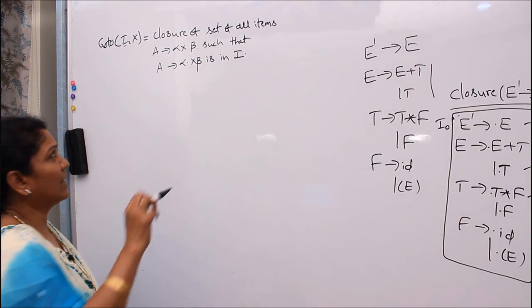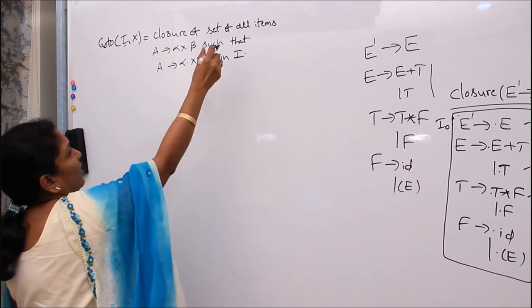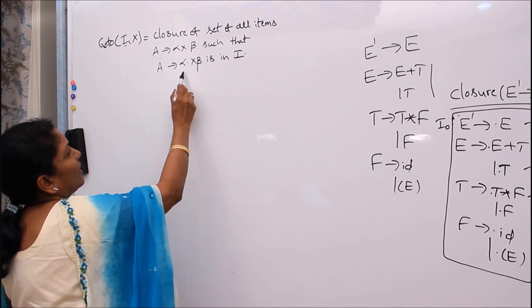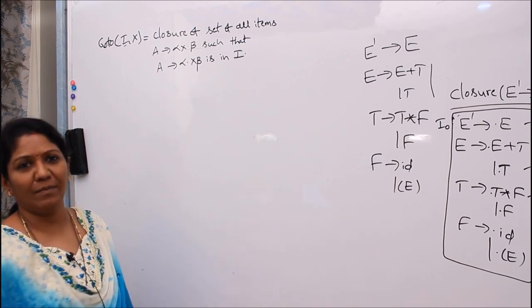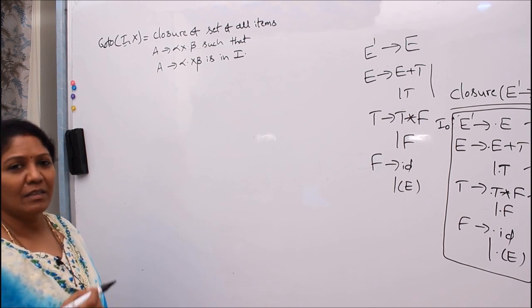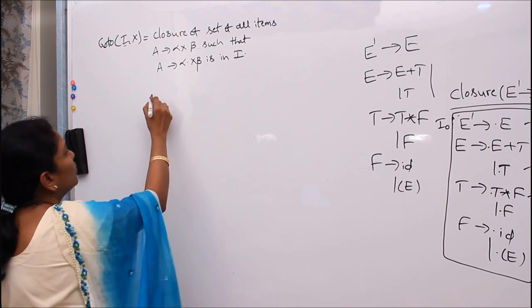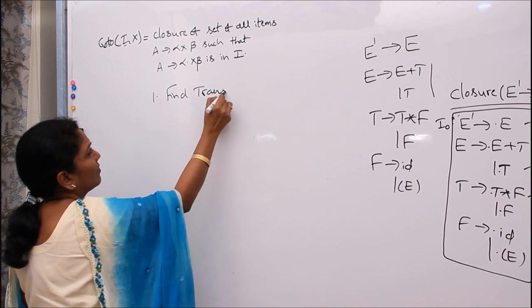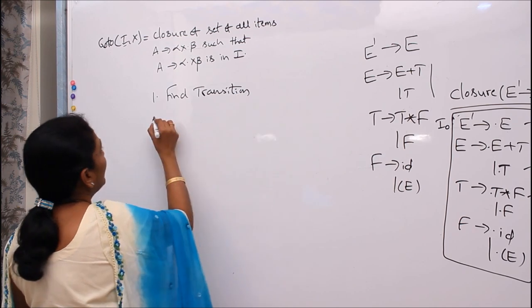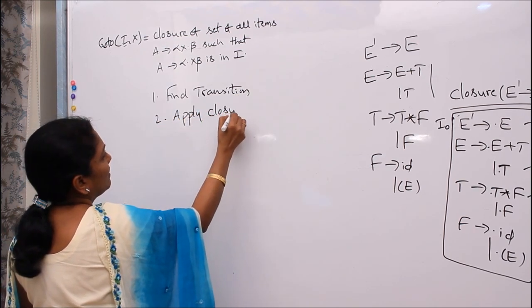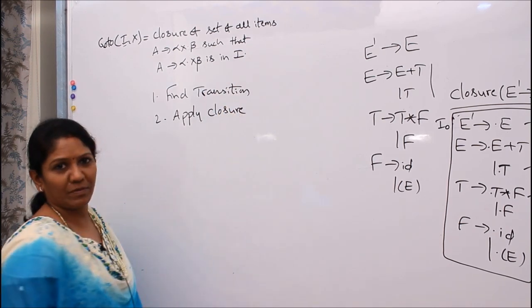So this is basically defined as closure of set of all items A → alpha x dot beta such that A → alpha dot x beta is in I. What does it mean? This basically defines two steps. Find transition and apply closure.